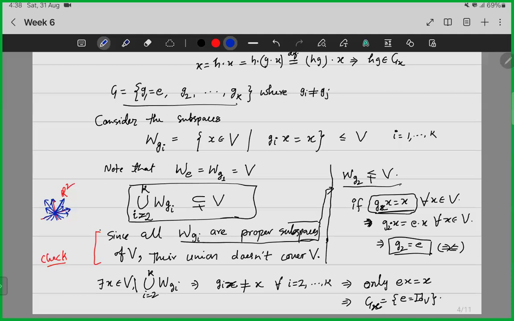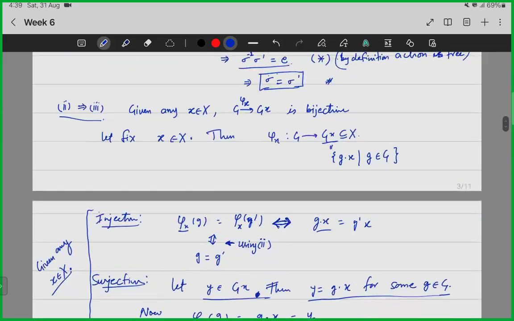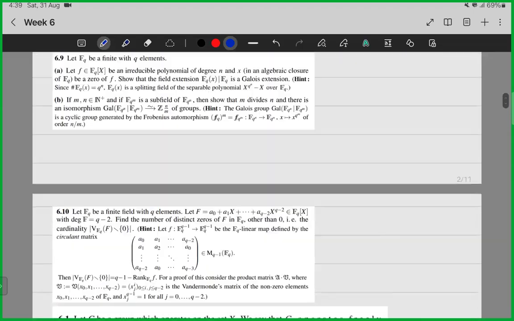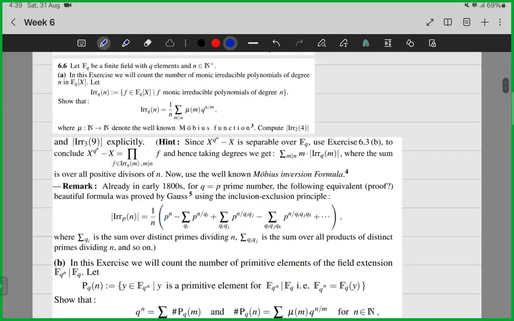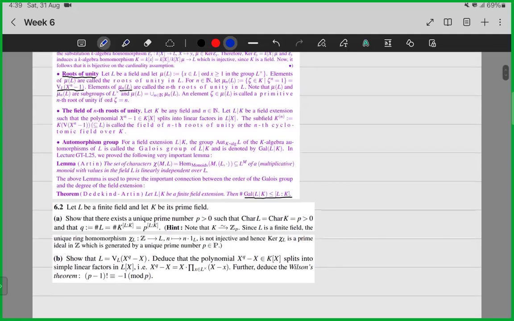Finitely many lines do not cover R^2. That is to be understood, but it requires a proof, so check it. Okay, so part B is also done, I hope you're clear with this. We'll go to some other problem, 6.2.